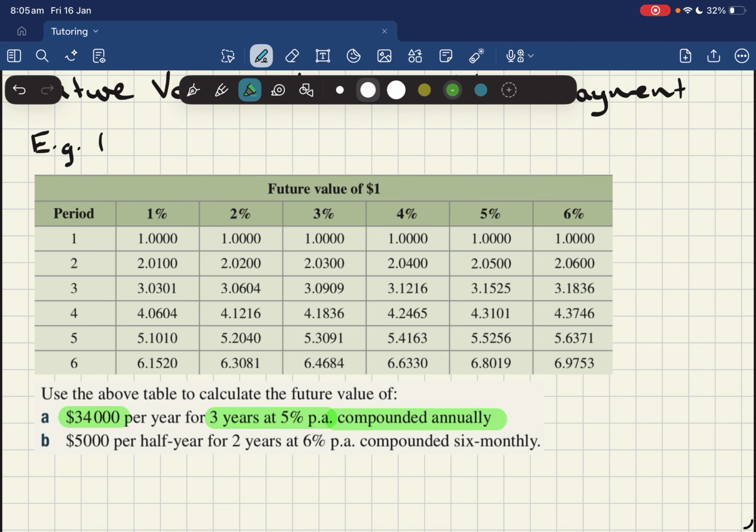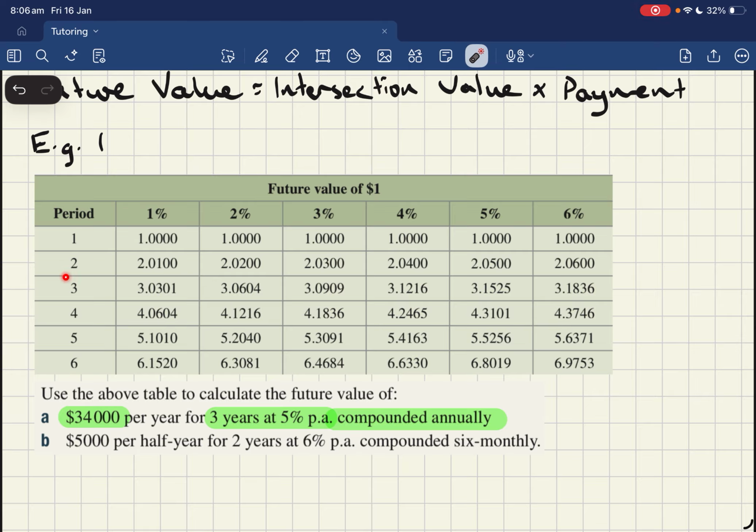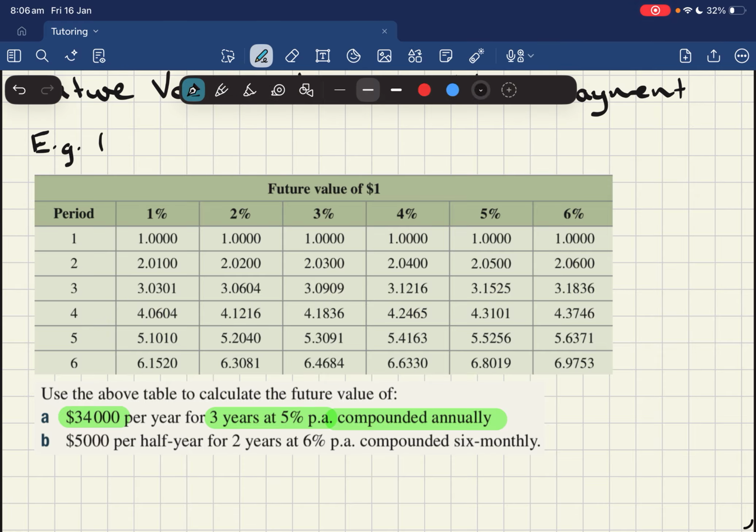So what we're gonna do is we're gonna look on the table and we're gonna line up 3 years with 5%. So if you look, these two intersect over here. So what we're gonna do, our intersection value is 3.1525.